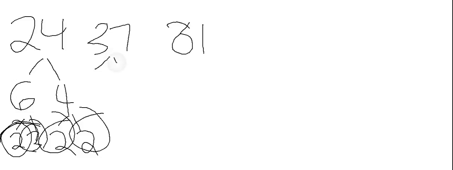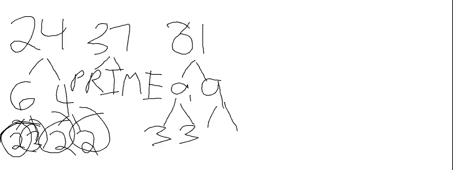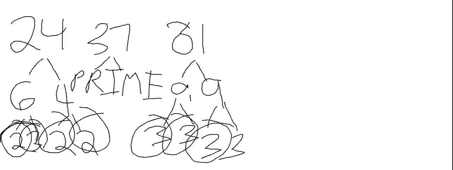Let's think. Yeah, I'm pretty sure that 37 is prime. And 81 is 9 times 9. And each of those 9s is 3 times 3 separately. So there we go. Yeah, 37 is definitely prime. So now let's write them all out.